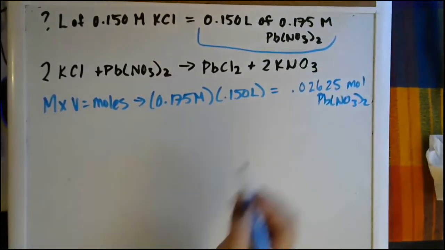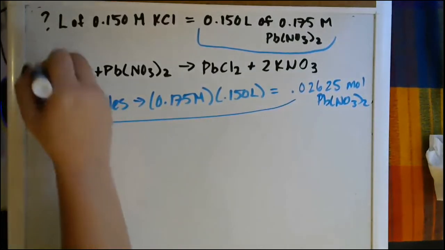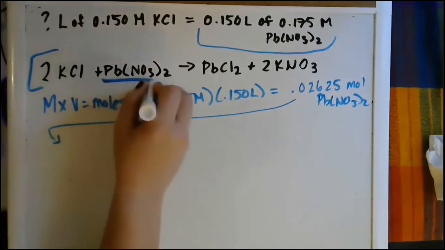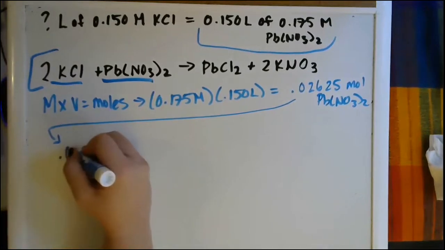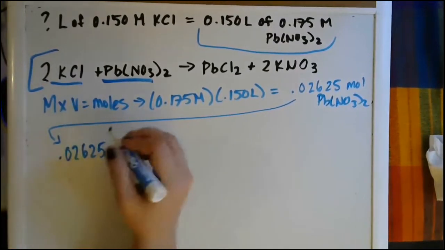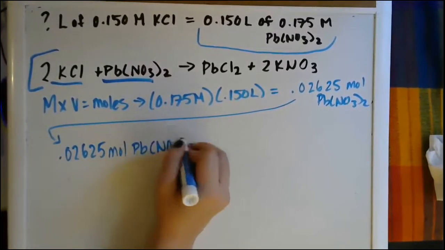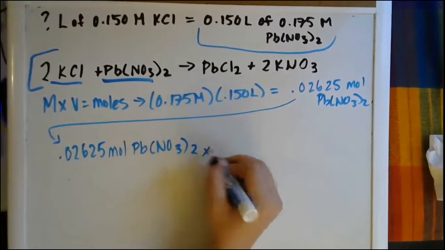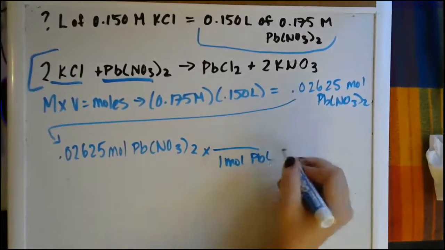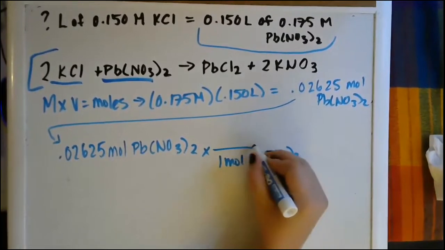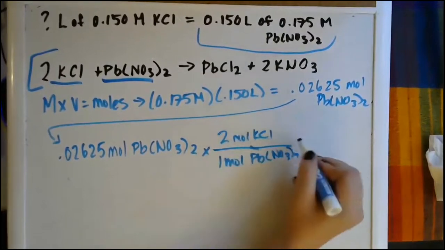Okay, now once I have this mole value, in my next step I'm going to use my balanced chemical equation to convert from moles of lead nitrate to moles of KCl. So every 1 mole of lead nitrate needs 2 moles of KCl.